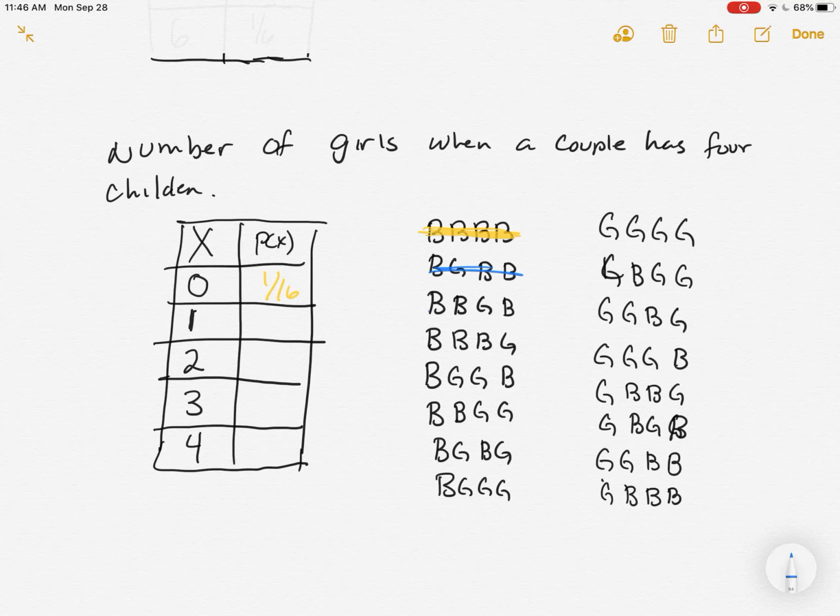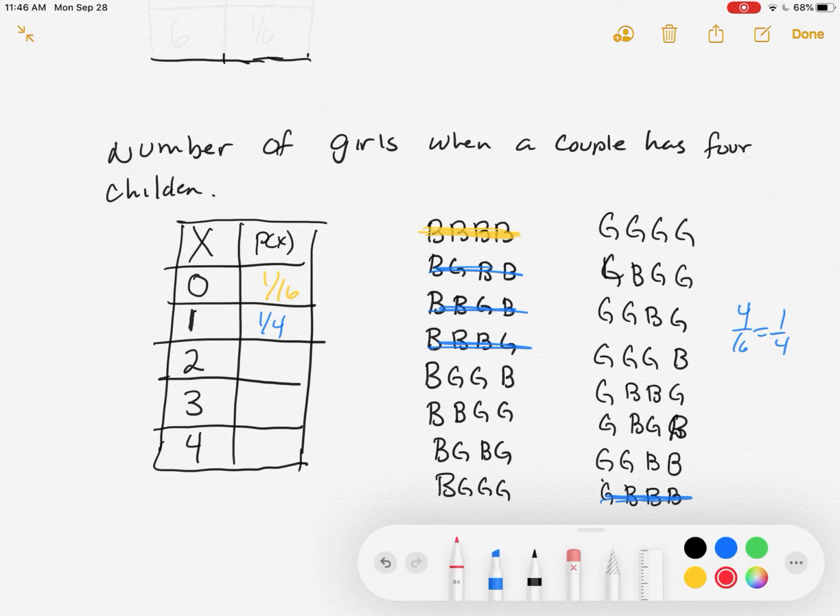Here's 1 girl. Here's a second 1 girl. Third 1 girl. 4th 1 girl. And so it looks like there's 4 out of 16, or 1/4. Okay, so 4 out of 16, 1/4 with those blue crossouts.